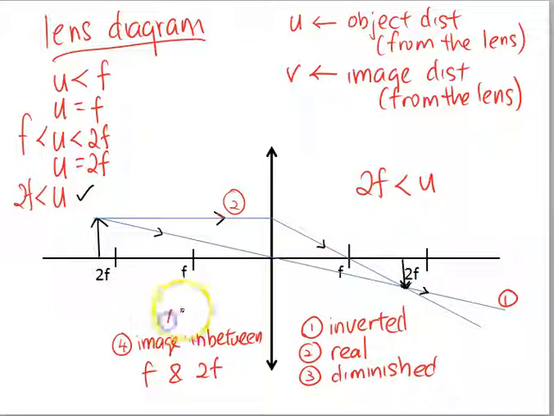That means V is between F and 2F. So these are the four characteristics of my image formed here. Let's try another example.